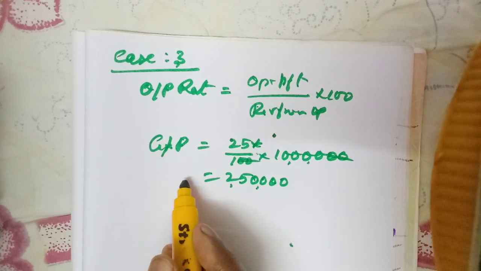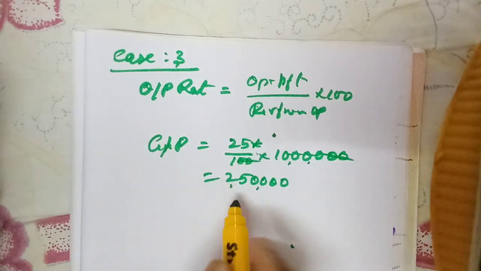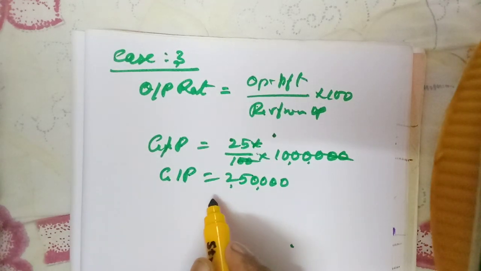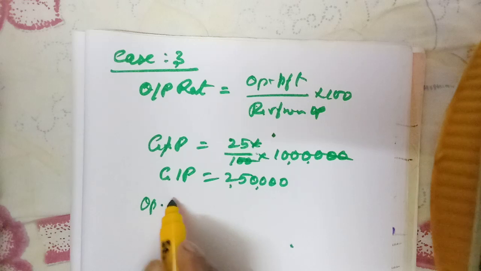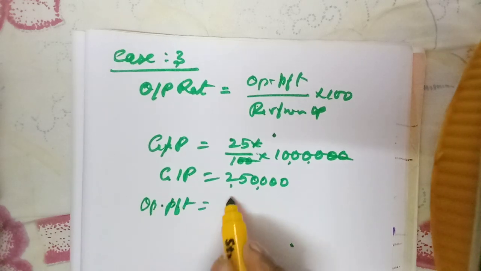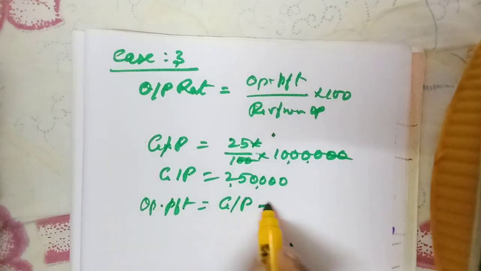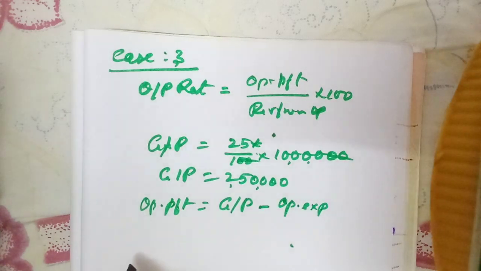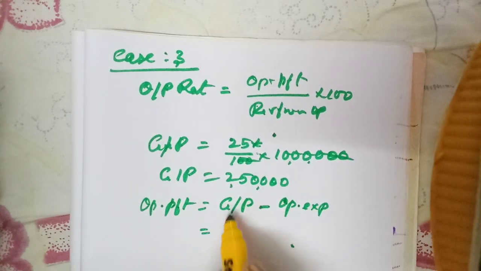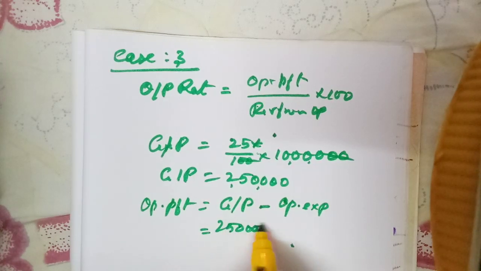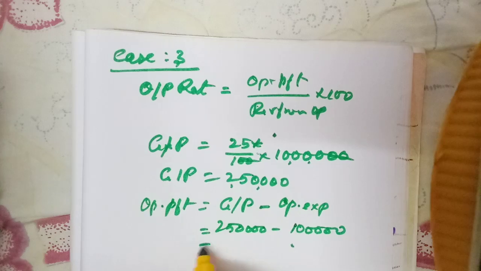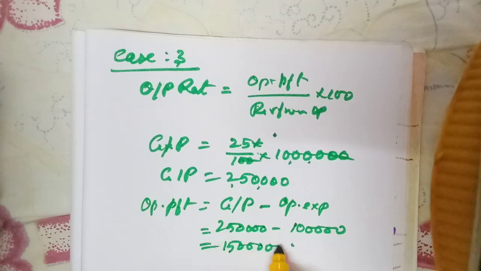So we need to calculate the operating profit. Operating profit is equal to gross profit minus operating expenses. We will get operating profit. Okay, gross profit how much? 2,50,000. Operating expenses 1 lakh. So 1,50,000.